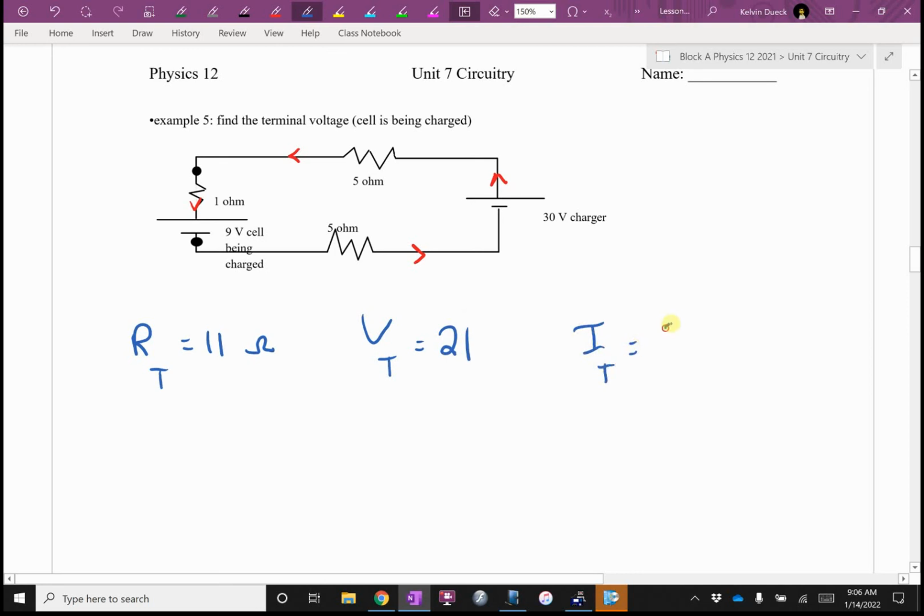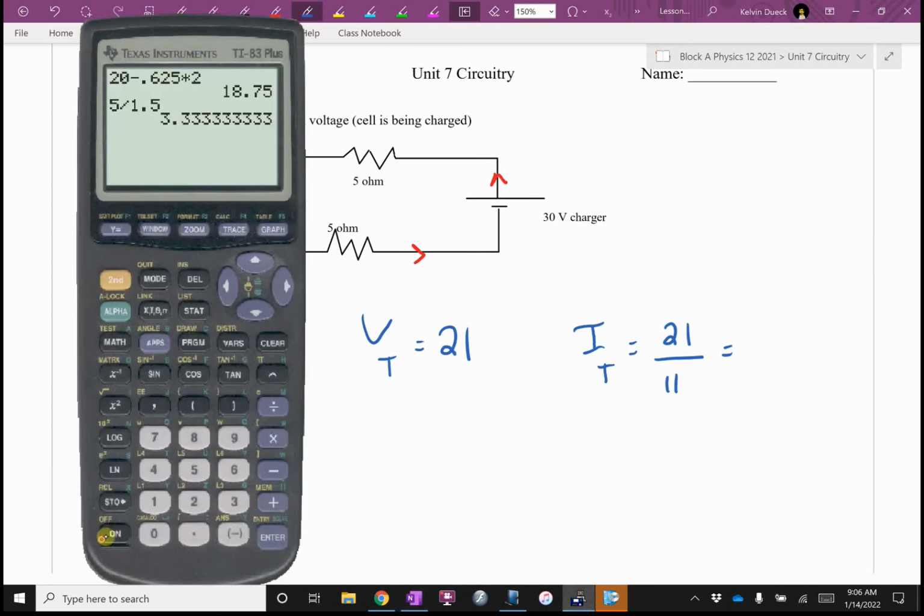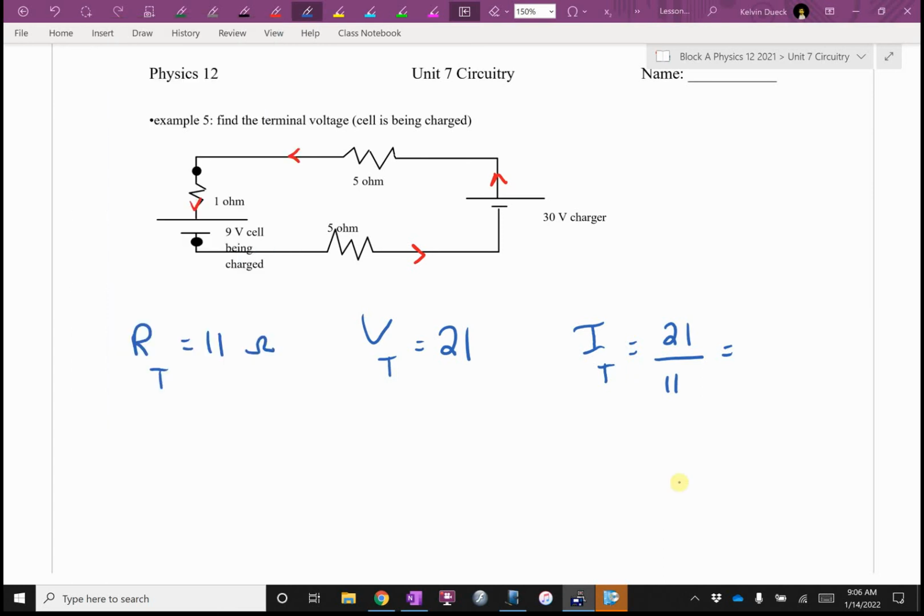It's going to be 21 divided by 11, which is what? 1.91 or 1.92 if we round off properly? Is it not 91 repeating? Oh, okay, I'm sorry. It's 90 repeating. I was thinking it was 91 repeating. 90 repeating. So 1.91 amps.